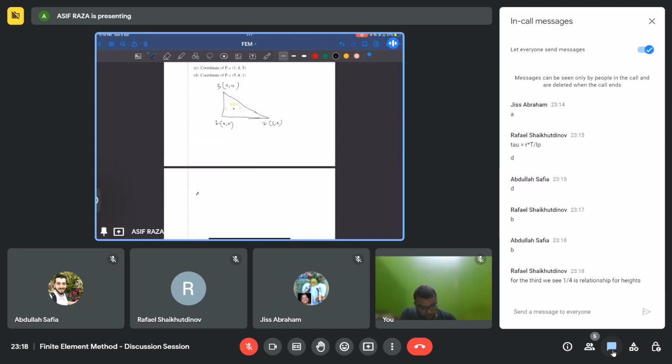The area of the whole triangle is half into base into height. Base is 5, height is 4, so that is equal to 10. I'll write A3 first. A3 is half into base, which is 5, into height, which is 1 since P is (1, 1). So it's 5 by 2, that is 2.5.